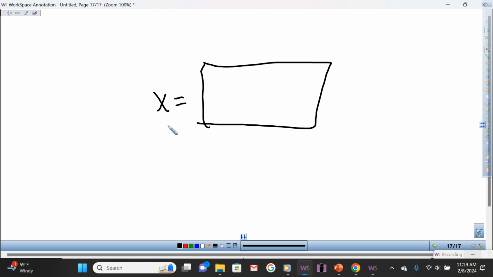So I want to write a complex solution, such as x equals, what would that look like? Brandon Doherty earlier said that complex numbers are a real and an imaginary part.